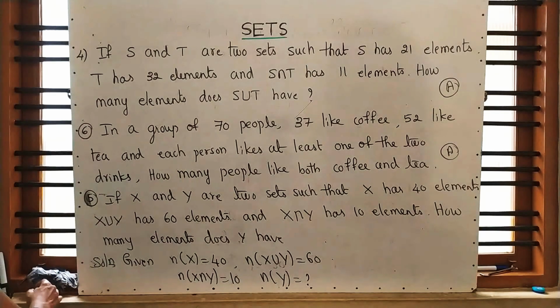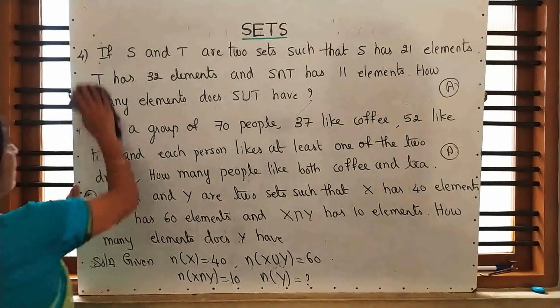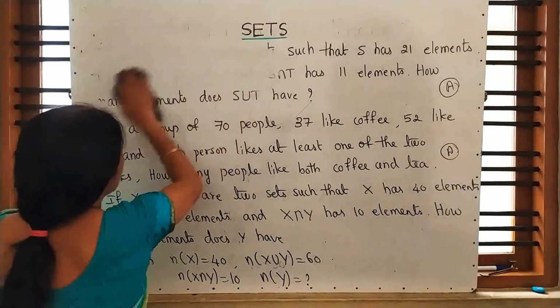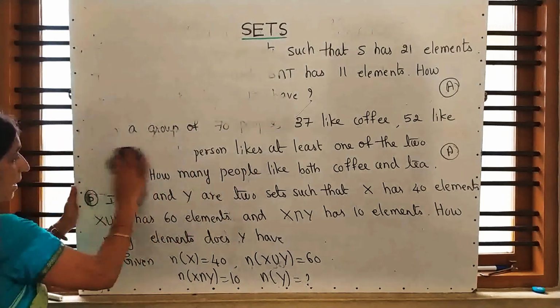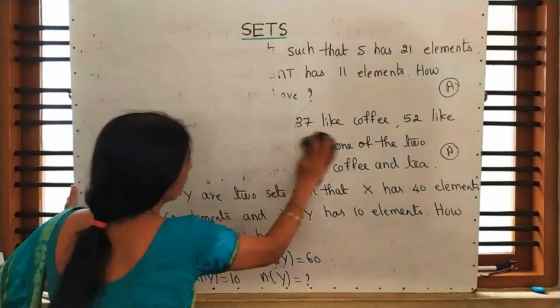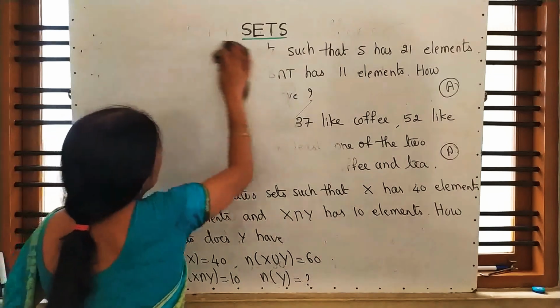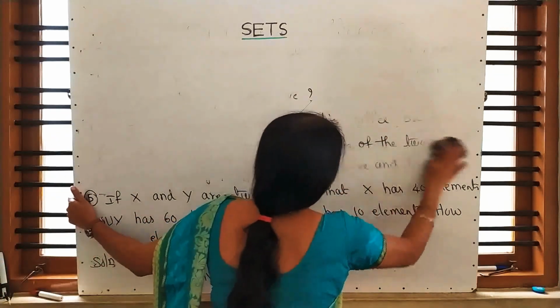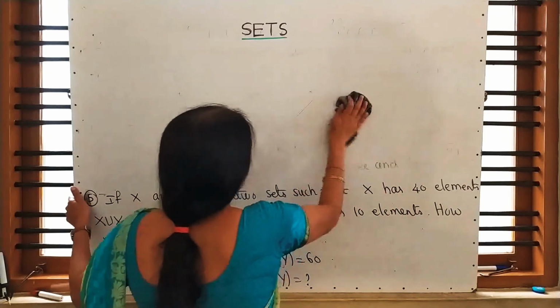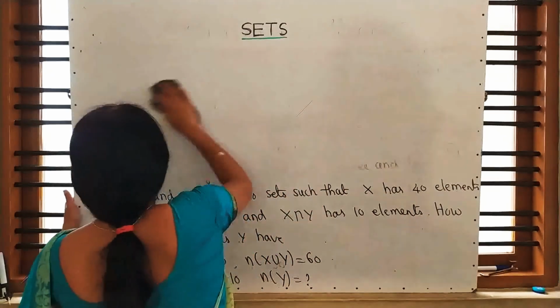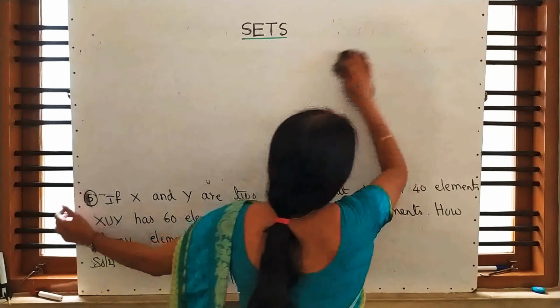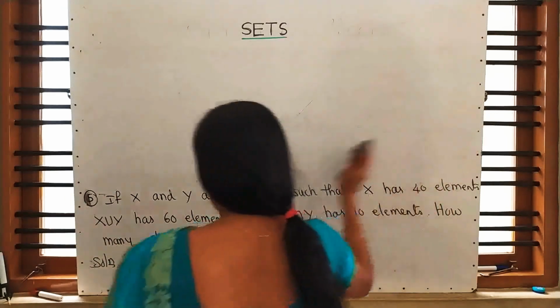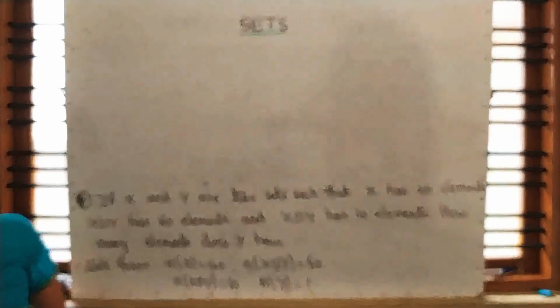So here, if possible, draw the figure and write the answer for both the formula method as well as the figure. Yes, have you got the answer? Then wait till I am doing here, just wait.